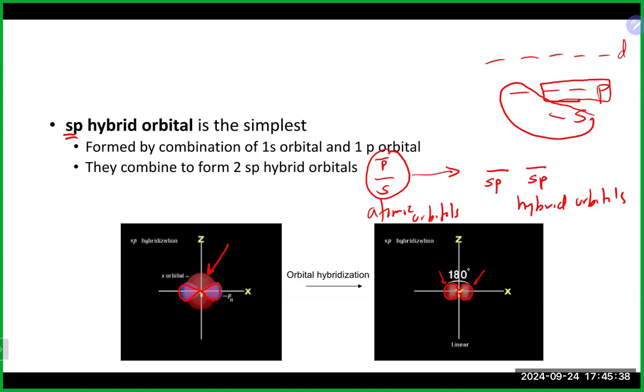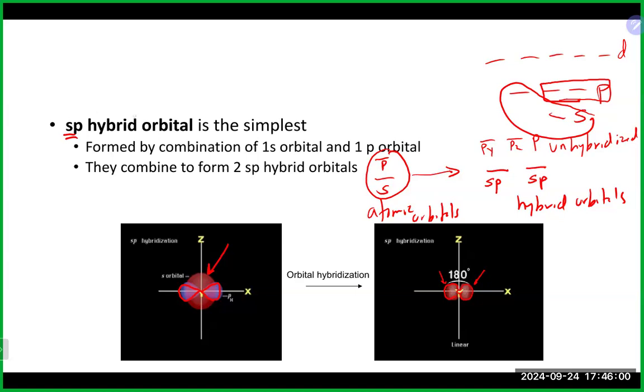In this case, the py and pz orbitals are unhybridized. They will actually end up being 180 degrees apart from each other.